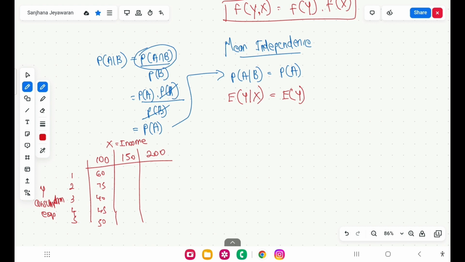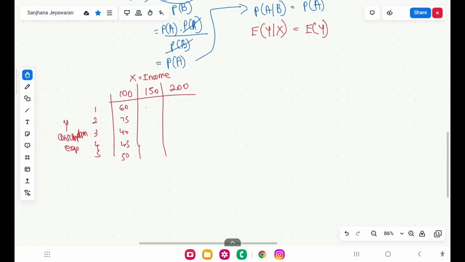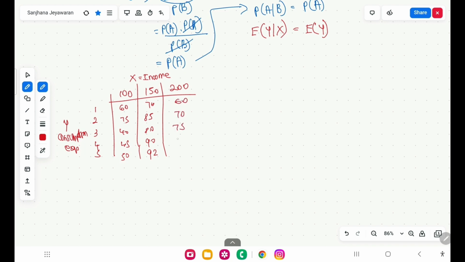Likewise, I went to 5 families who are earning 200,000 as income and wrote down their consumption expenditure. Let me jot down some values: 85, 80, 90, 92. Then for 200,000 also, let's say 60, 70, 75, 100, 105. Likewise.